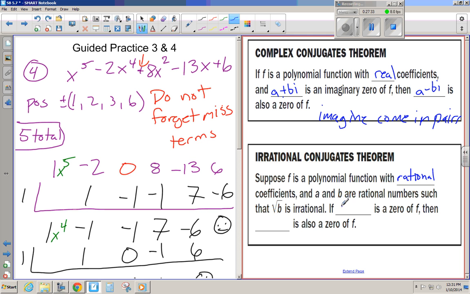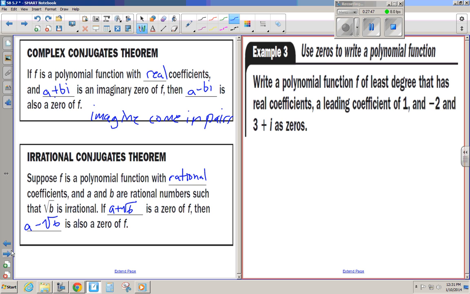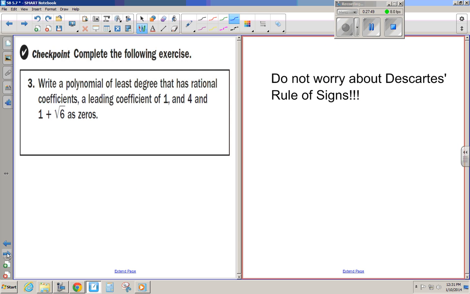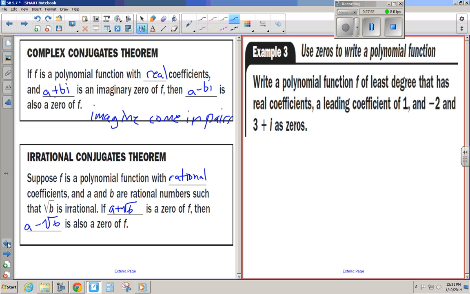If a plus the square root of b is a 0 of f, then a minus square root b is also a 0 of f. It again says that any of these weird zeros, they come in pairs. All right, so I think we're almost done.